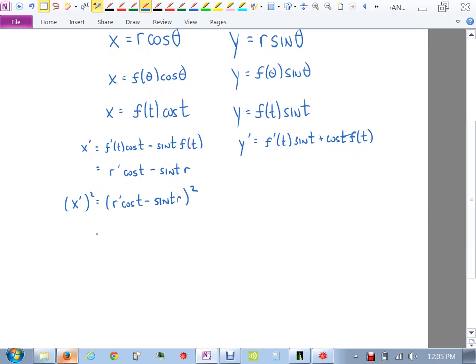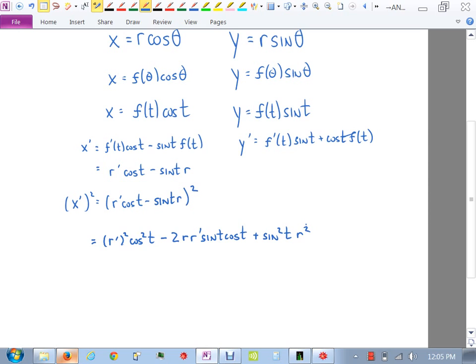When you square that, wouldn't you get r prime squared cosine squared t minus 2 r prime sine t cosine t r plus sine squared t r squared.